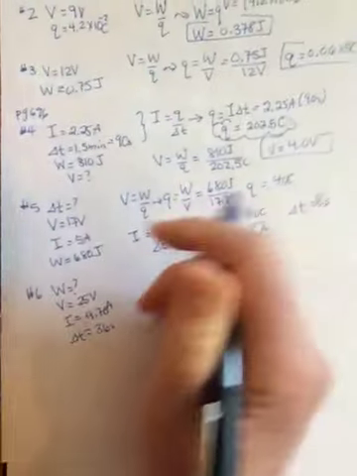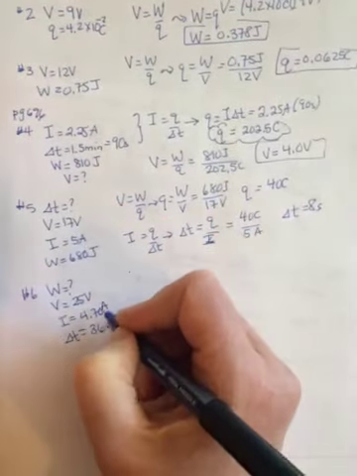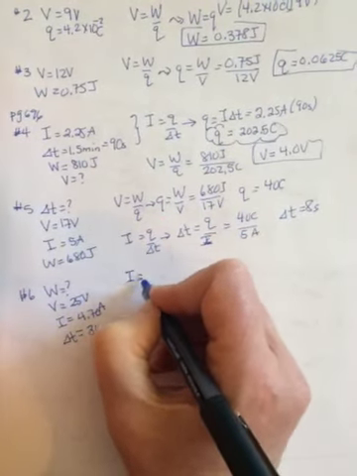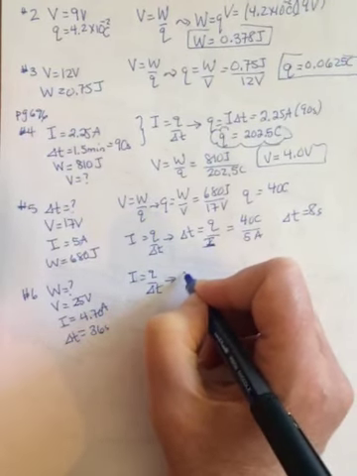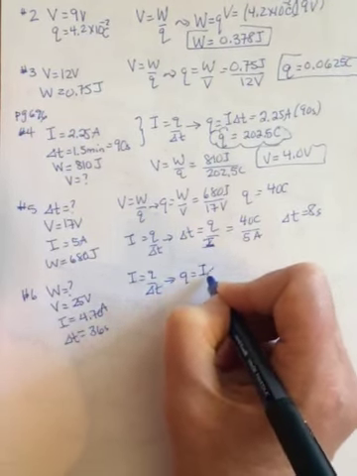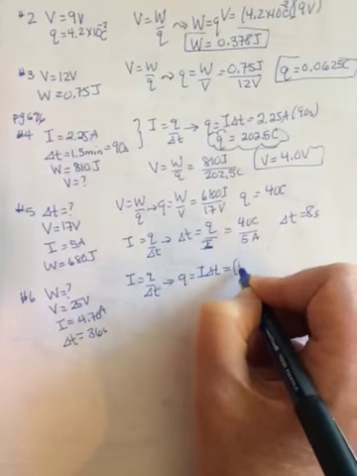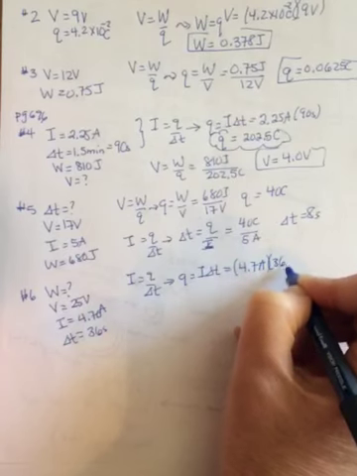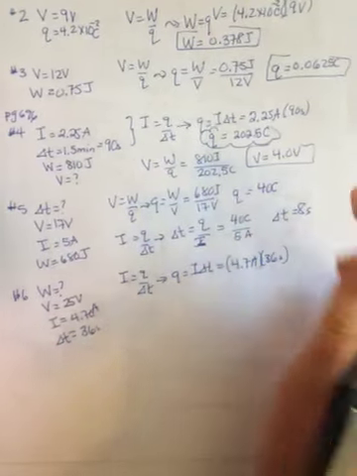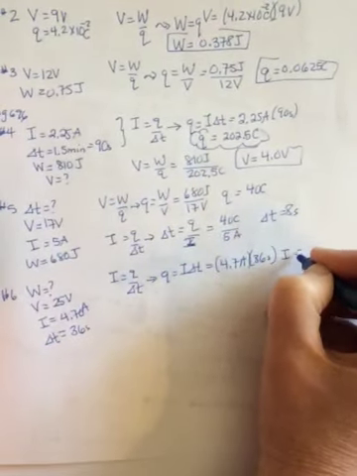So you have I and delta T, so I equals Q over delta T. So Q equals I times delta T. So 4.7 amps times 36 seconds.